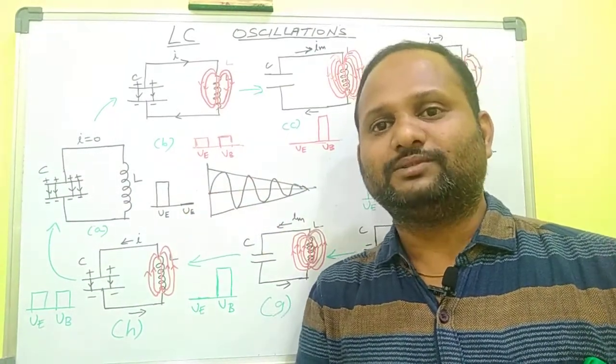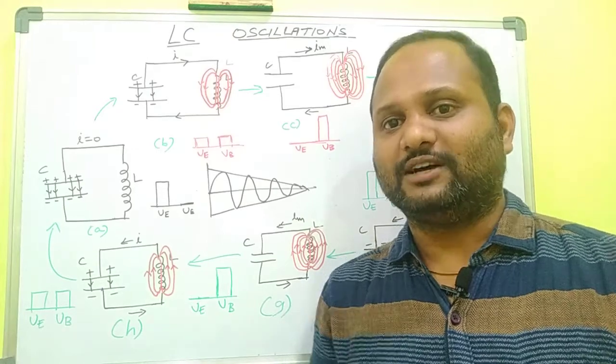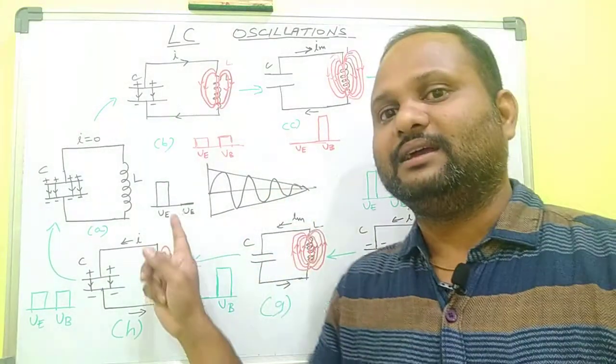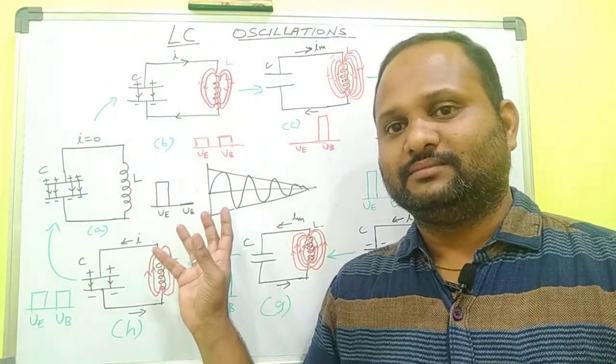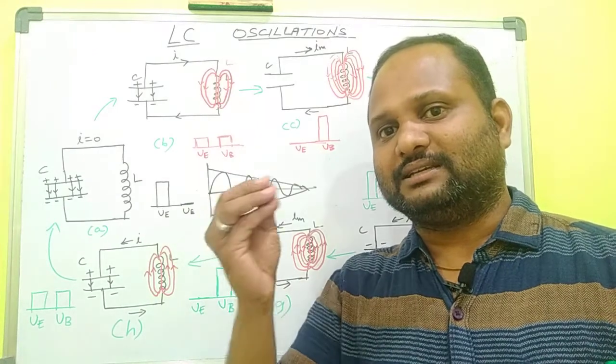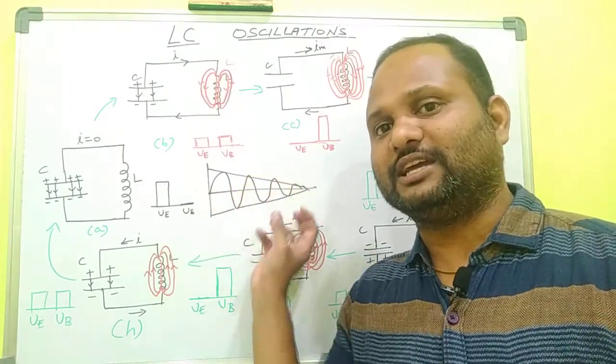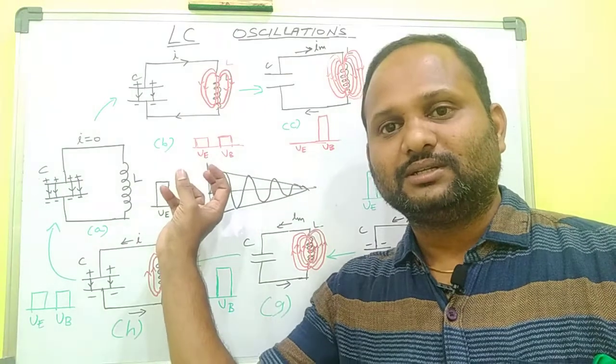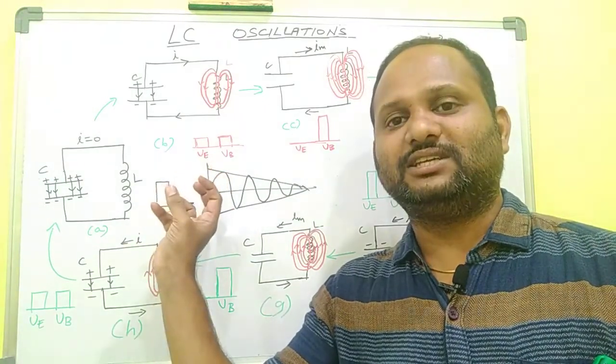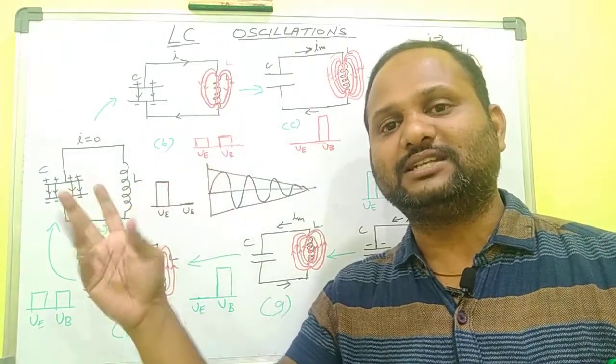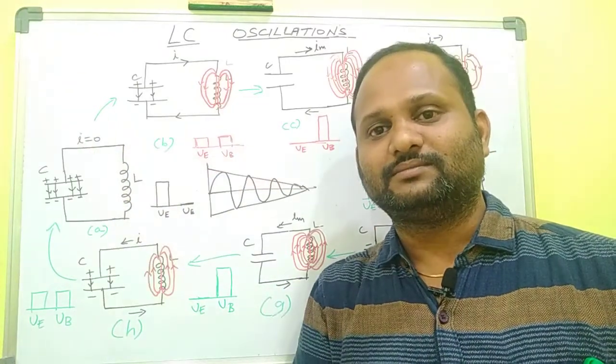Then we can produce undamped oscillation. For this we can make use of feedback. A small portion of the output is taken and fed into the input. That is the external agency here that produces undamped oscillations.